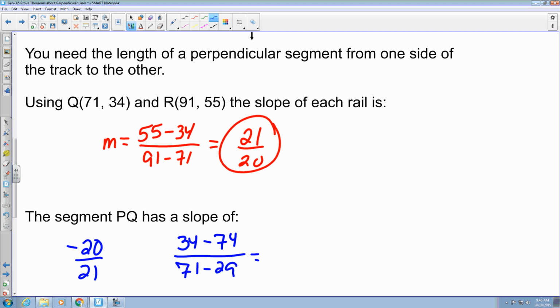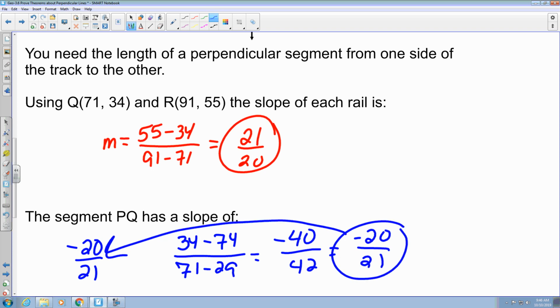If I take 34 minus 74, I get negative 40. And then 71 minus 29, I get 42. I can reduce that, I get negative 20 over 21. All right, so that's what we have here. That means that these two slopes are perpendicular.